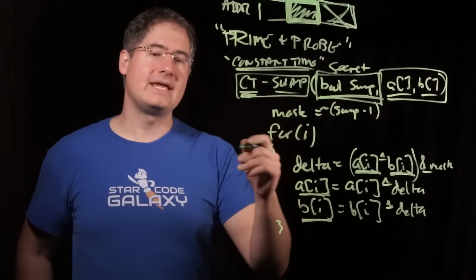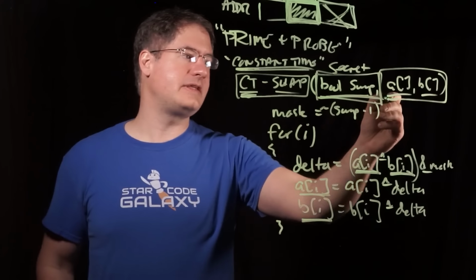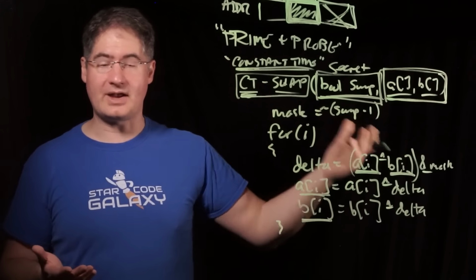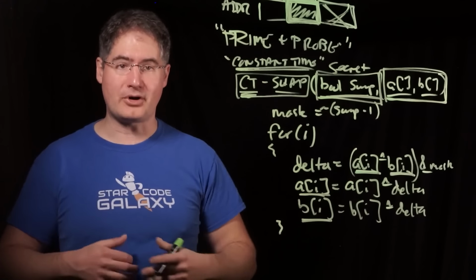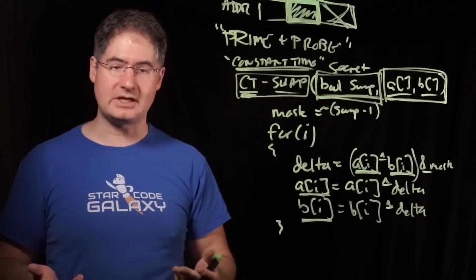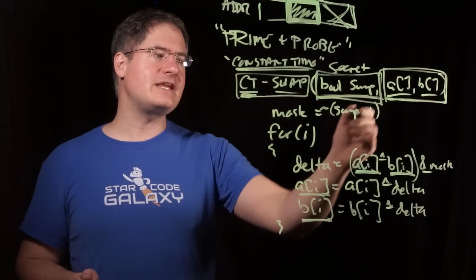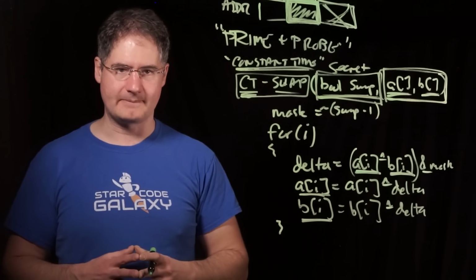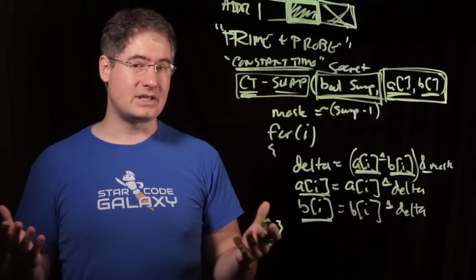Well, in this attack, like I said, these arrays are things that the attacker provides on the outside, right? They're part of the source data that gets fed in. And this is the thing that's being kept secret. So if the attacker can provide values that go into A and B, well, normally it wouldn't matter.